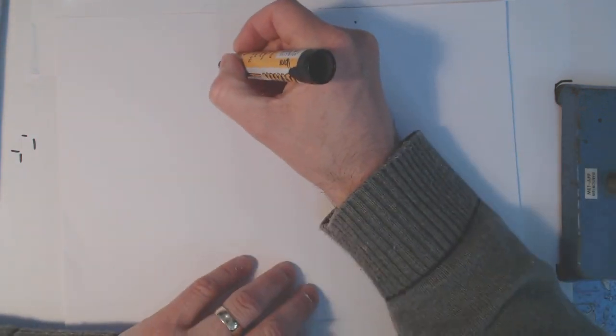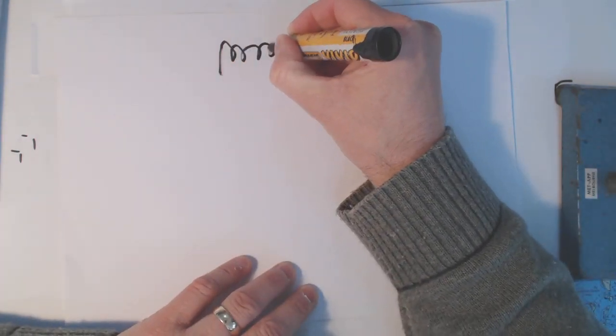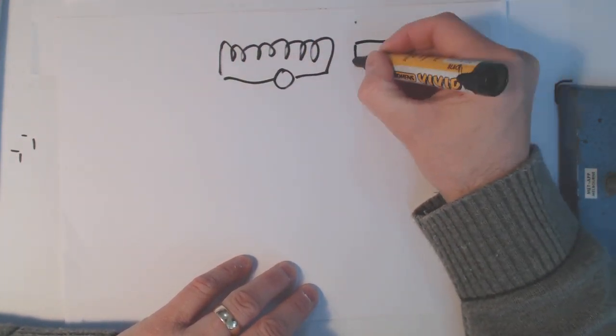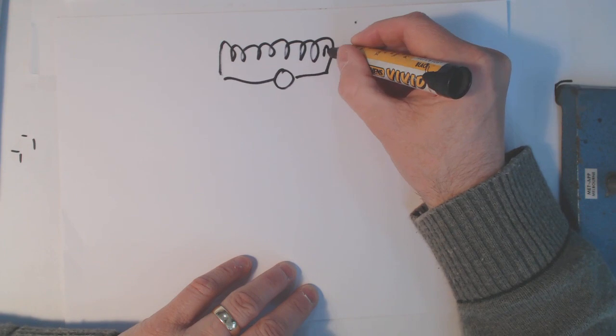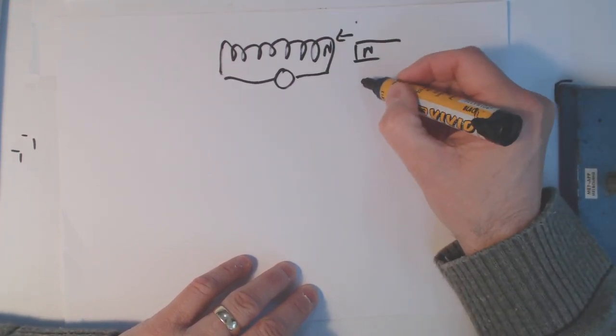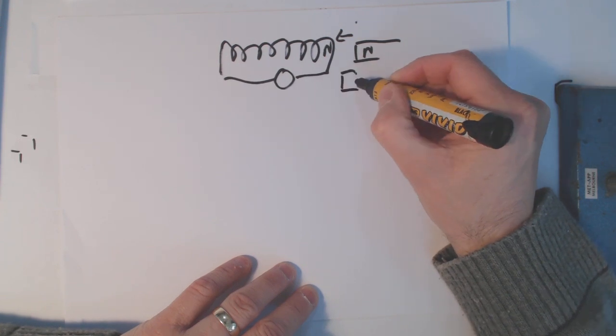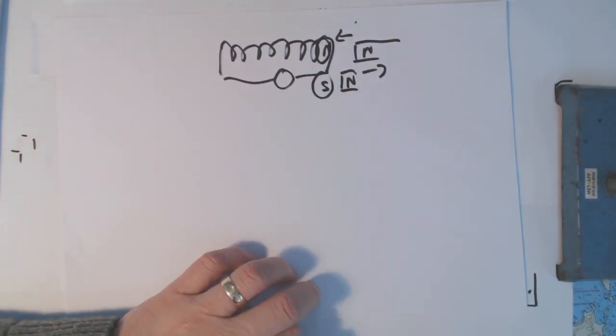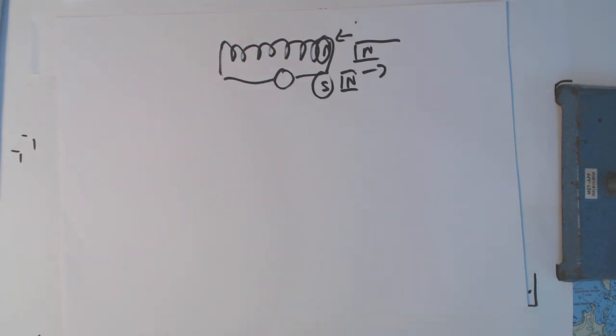Remember that one where we had a solenoid and we pushed in a north and it produced a north, and when we pulled the north out, it produced a south on that end? And we said that was Lenz's law. It's opposing the change in flux.